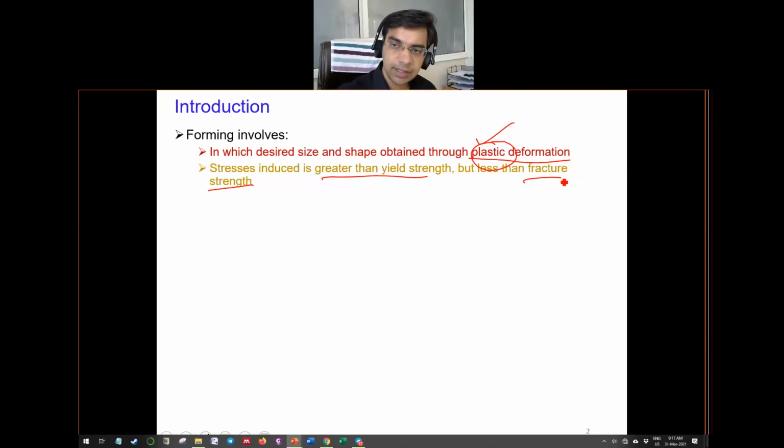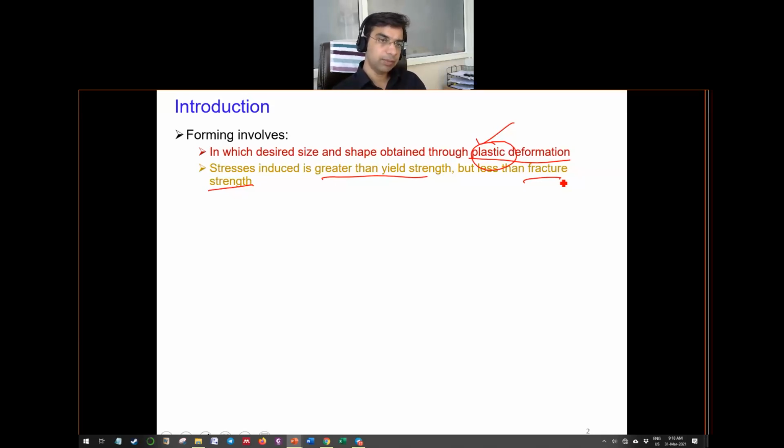Why is it less than the fracture strength? Because if you exceed the fracture strength for any material, you will break the pieces, or you will fracture the pieces. That is not what we want in the forming process. So it is a very delicate process in which the force has to be applied just so that you remain in the plastic domain. You do not remain in the elastic domain, or in the fracture domain.